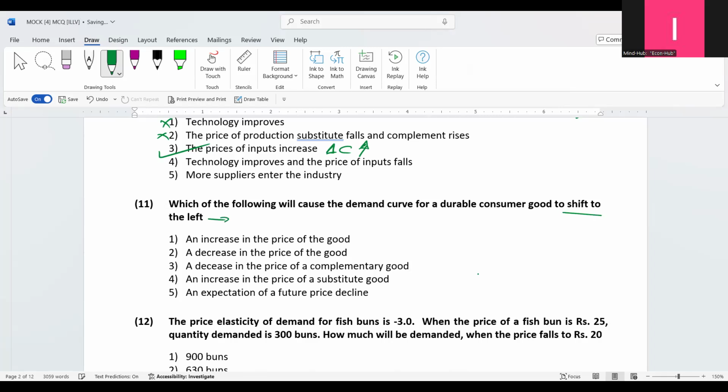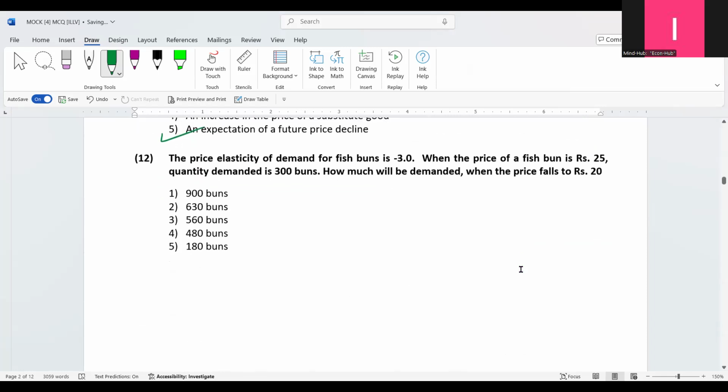Left meaning it's a decrease in demand. What will cause a decrease in demand for a consumer good? The correct answer would be number 5, an expectation of future price decline. We would buy less now because the price is expected to decrease in the future.